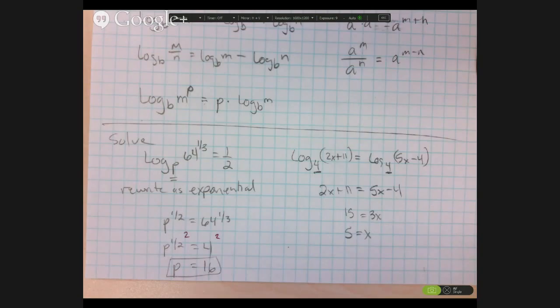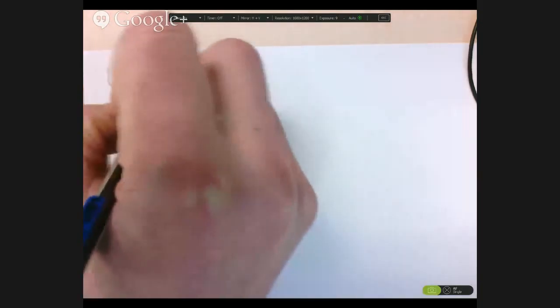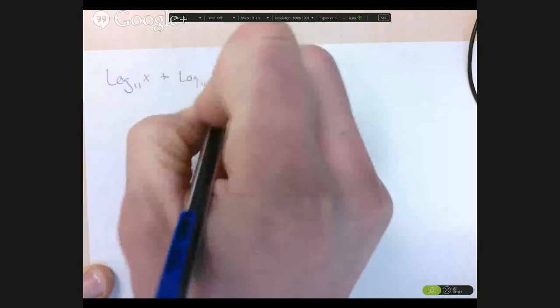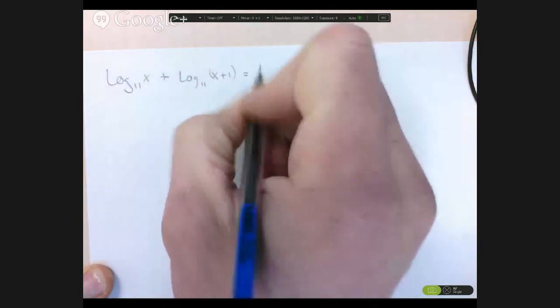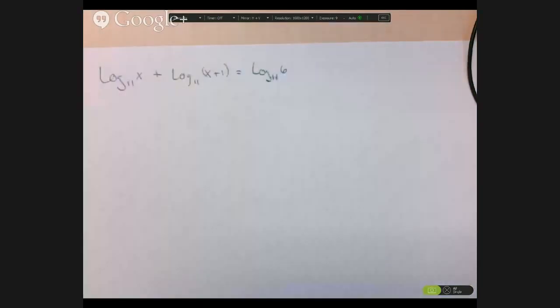Okay, the next one is going to use the properties a little better. It's going to be a little harder, though, at the same time. Let's solve log base 11 of x plus log base 11 of x plus 1 equals log base 11 of 6.